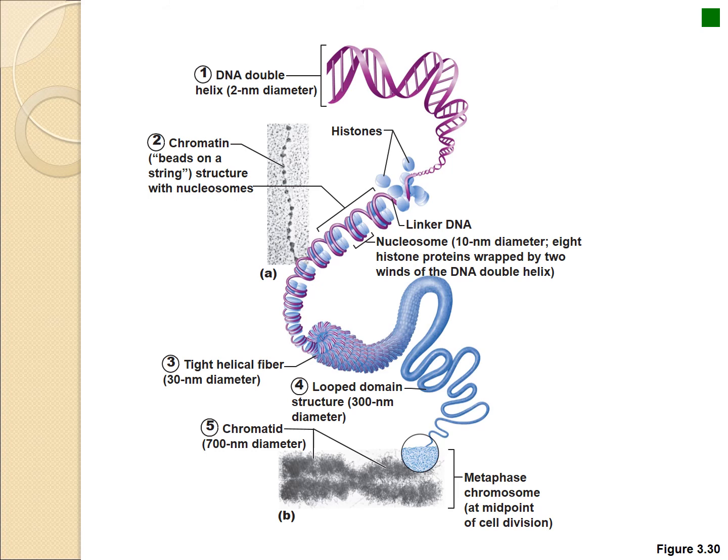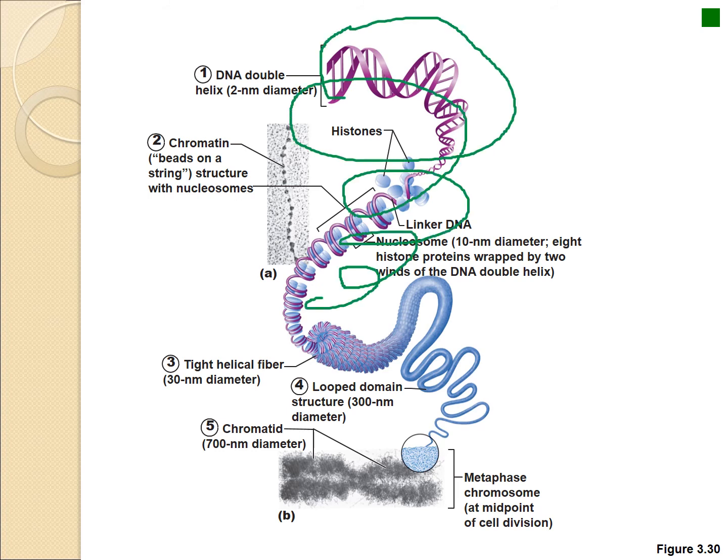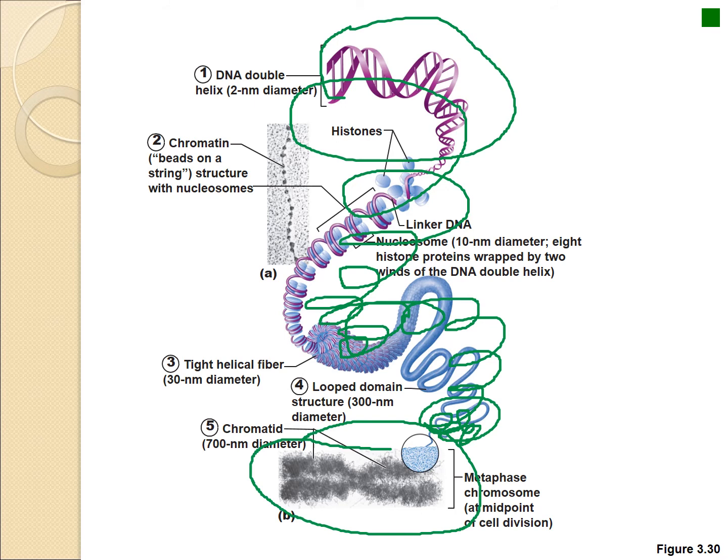So what happens to get it to fit in the nucleus and also to help control how it works, it is wrapped around little proteins called histones to form these little units called nucleosomes. So the chromatin, yes, it is kind of condensed, but it's wrapped around and twisted around to the point where if you twist it around too much, it literally becomes locked up. And this is a good picture of a chromosome that is made of heterochromatin.